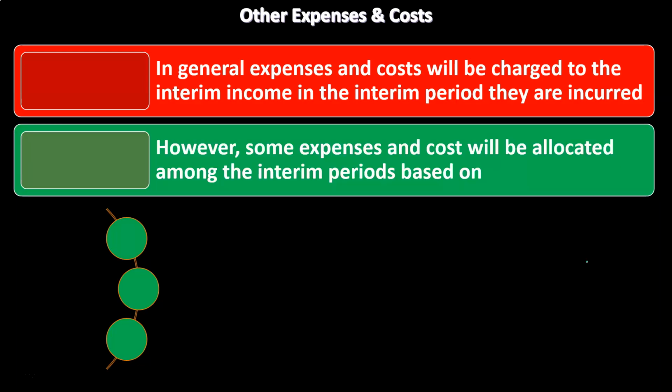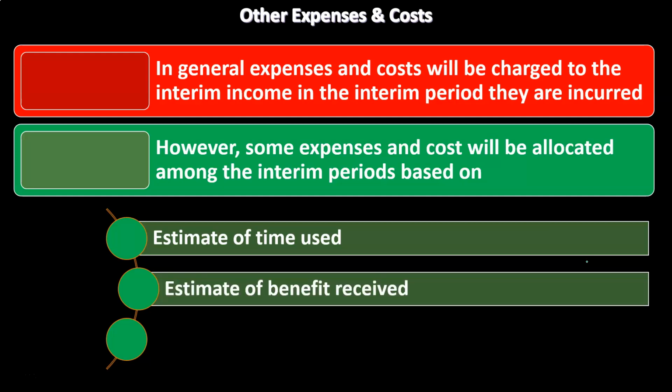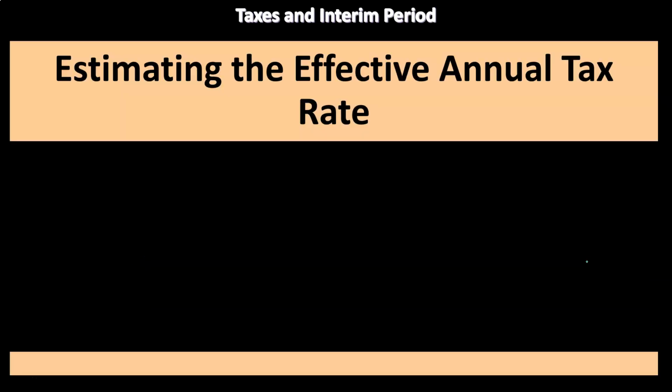However, some expenses and costs will be allocated among the interim periods based on estimate of time used, estimate of the benefit received, and activity level of the interim report. So we're trying to do our best to recognize on an accrual basis the expenses in the proper period when they were incurred, in accordance with the matching principle or expense recognition principle.